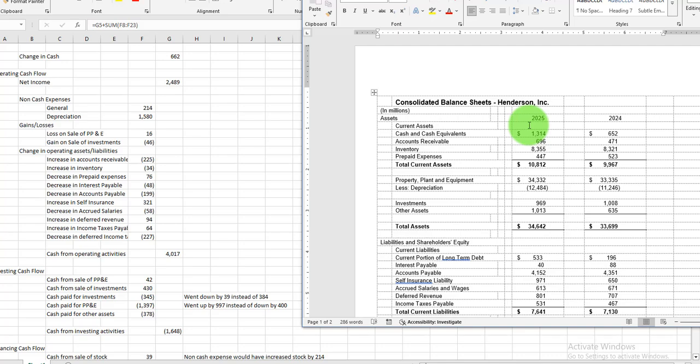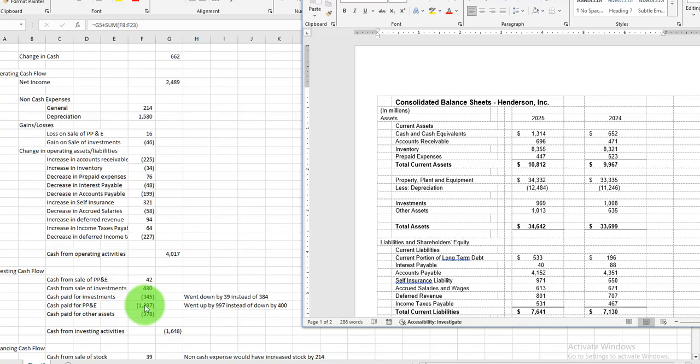So if we sold 400 but it went up by $997, what really had to happen was we paid cash for the new property, plant, and equipment for $1,397. Remember, according to GAAP, we have to separate the cash paid for property, plant, and equipment from the cash from the sale of property. You can't just look at the net. And the same thing with investments.